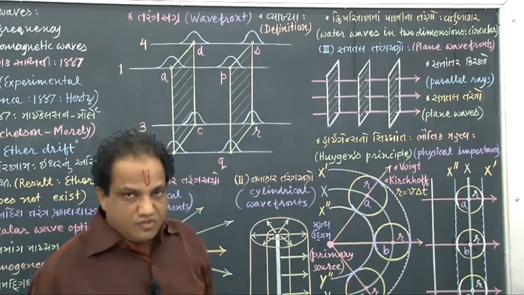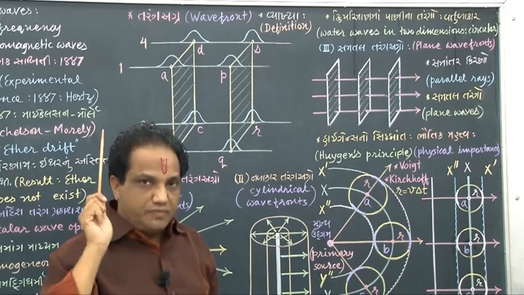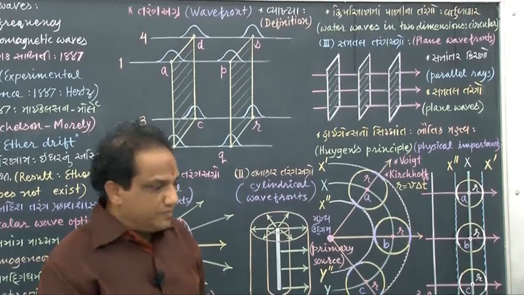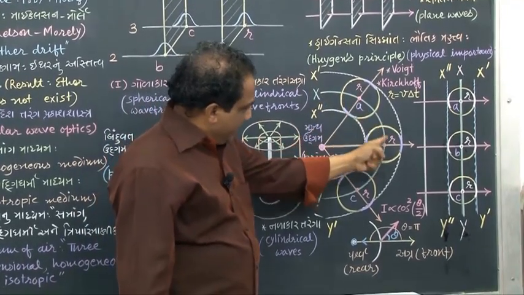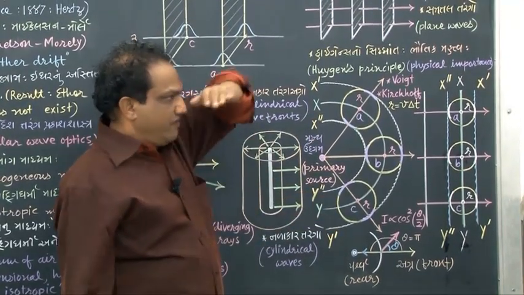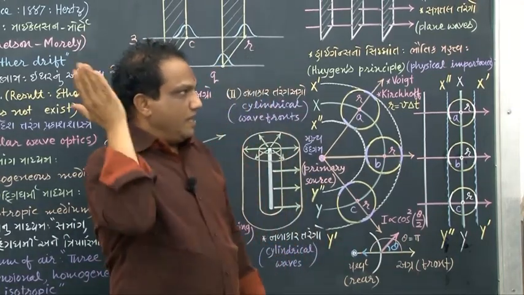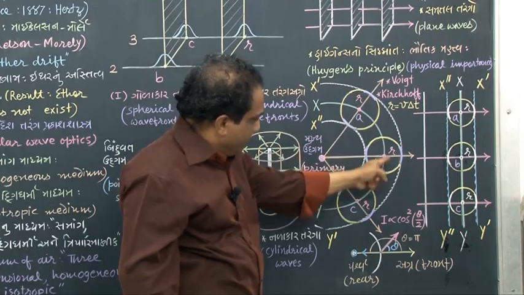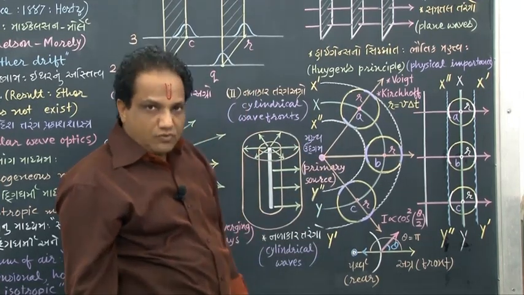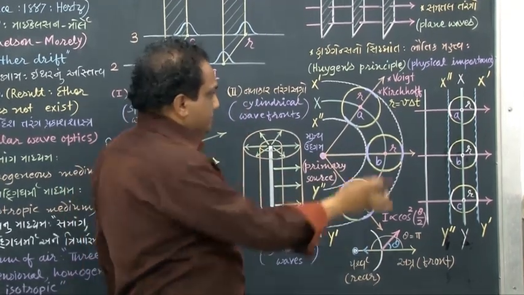Let us see how. First of all, let us see the statement of Huygens Principle. Consider this xy as cross-section of some spherical wavefront taken parallel to the plane of the figure. So xy is the given wavefront. Now just consider some points on it.